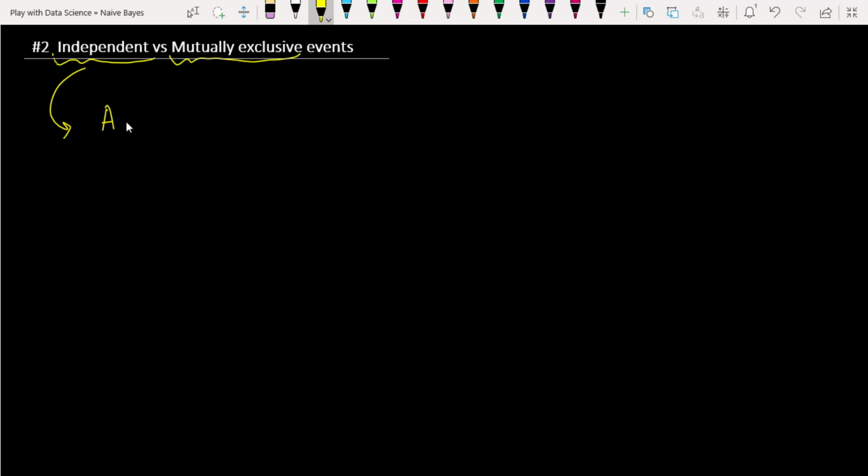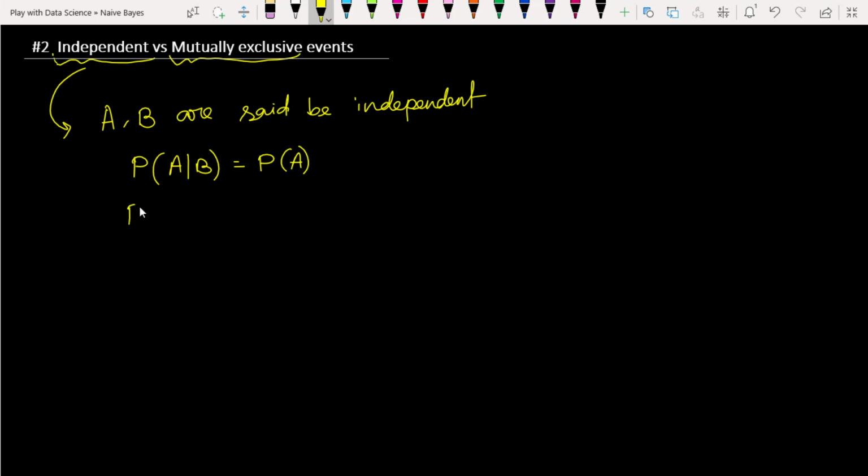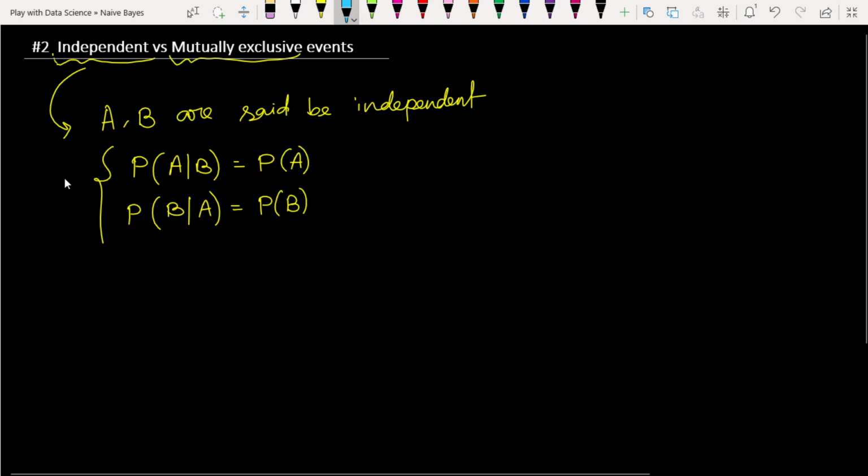Suppose we have two events A and B, and they are said to be mutually independent, or simply independent, if the probability of A given B equals the probability of A, or the probability of B given A equals the probability of B. This is the definition of independent events.